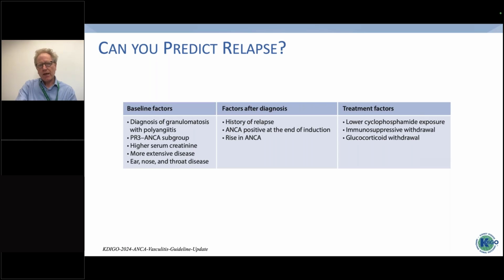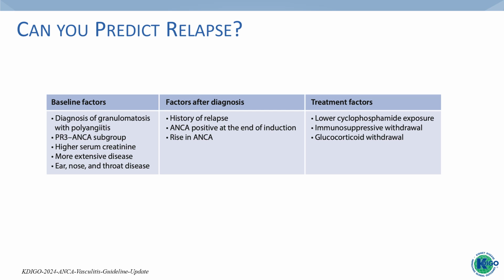It's important, though, in your management of ANCA-associated vasculitis patients to try to understand what factors may increase relapse risk in your patient. There are baseline factors, such as a diagnosis of GPA, having PR3 ANCA, having a better serum creatinine at diagnosis, having more extensive disease, and having ear, nose, and throat disease. All of these increase the risk of relapse.